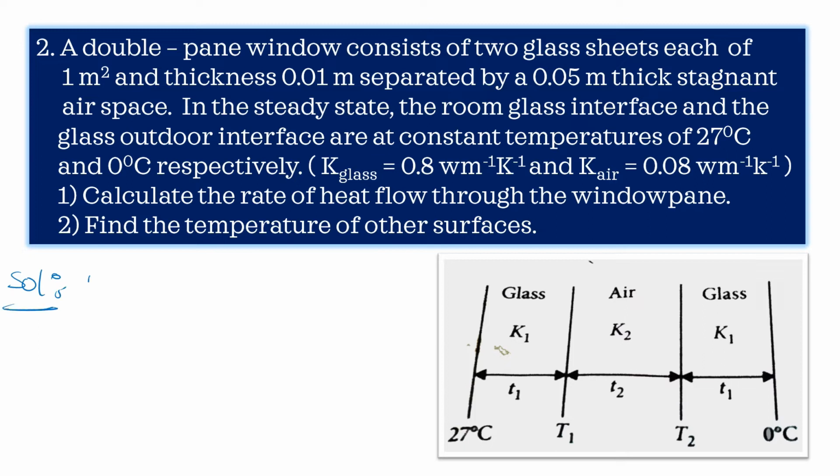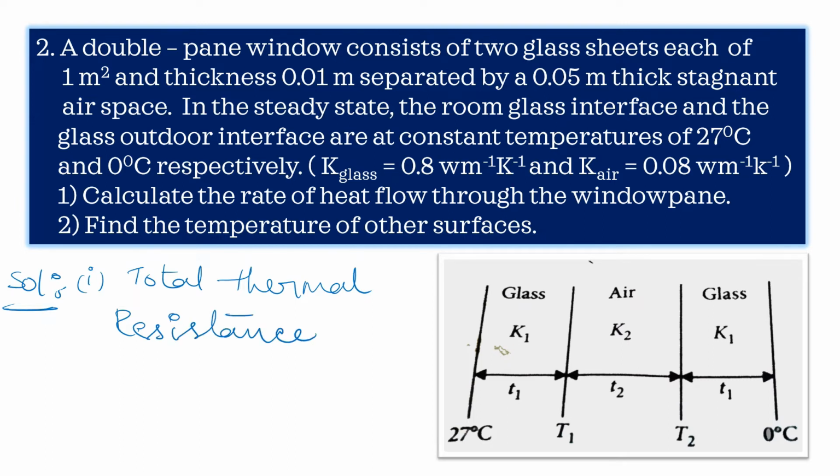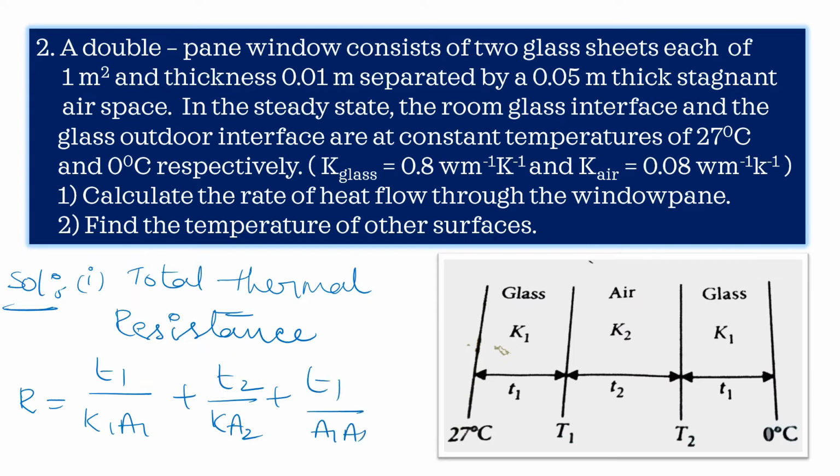Now first we are finding total thermal resistance. Total thermal resistance R is equal to L1 by K1A1 plus L2 by K2A2 plus L1 by K1A1.